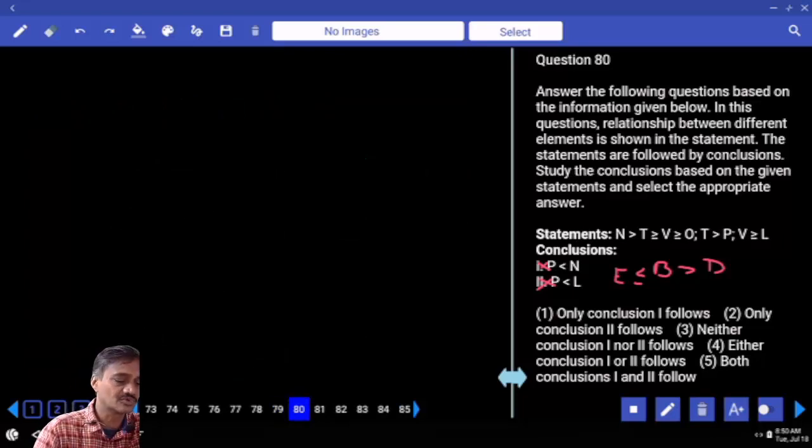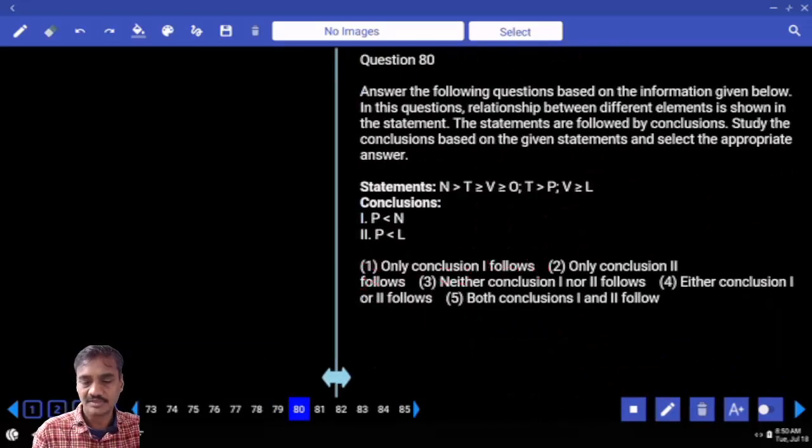Then coming to question number 80, the relation between P and N. What is the relation we have? N to P. Which element is common? T. N greater than T, T greater than P, so N greater than P, P lesser than N. The first one is definitely true. Then the next one, P and L. Which element is common between these two?